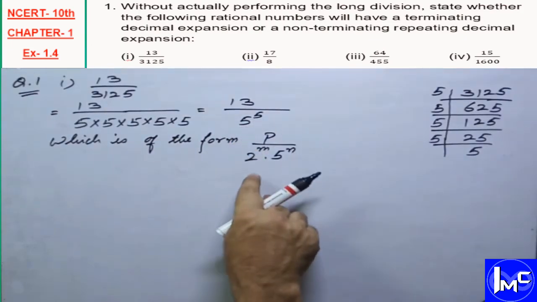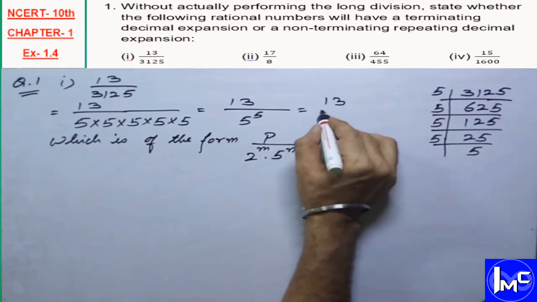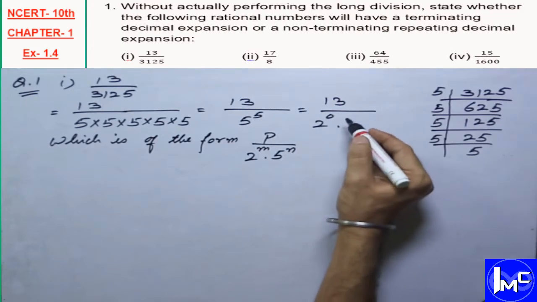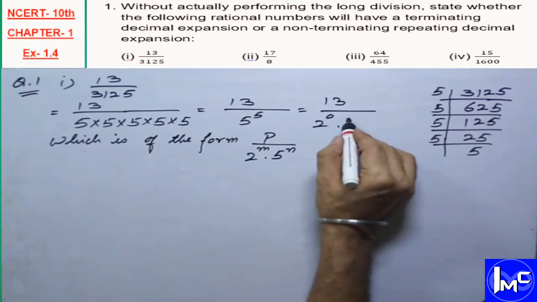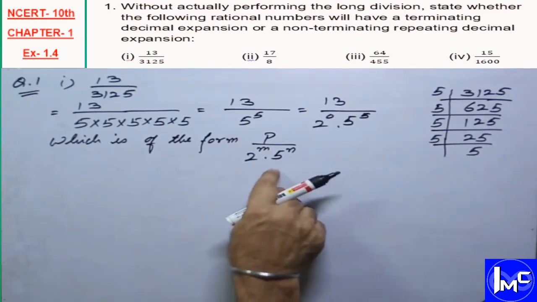If we want it properly in this form, then we can take 13 over 2 raised to power 0, because 2 raised to power 0 will be 1, and 5 raised to power 5, and now it is exactly of this form.